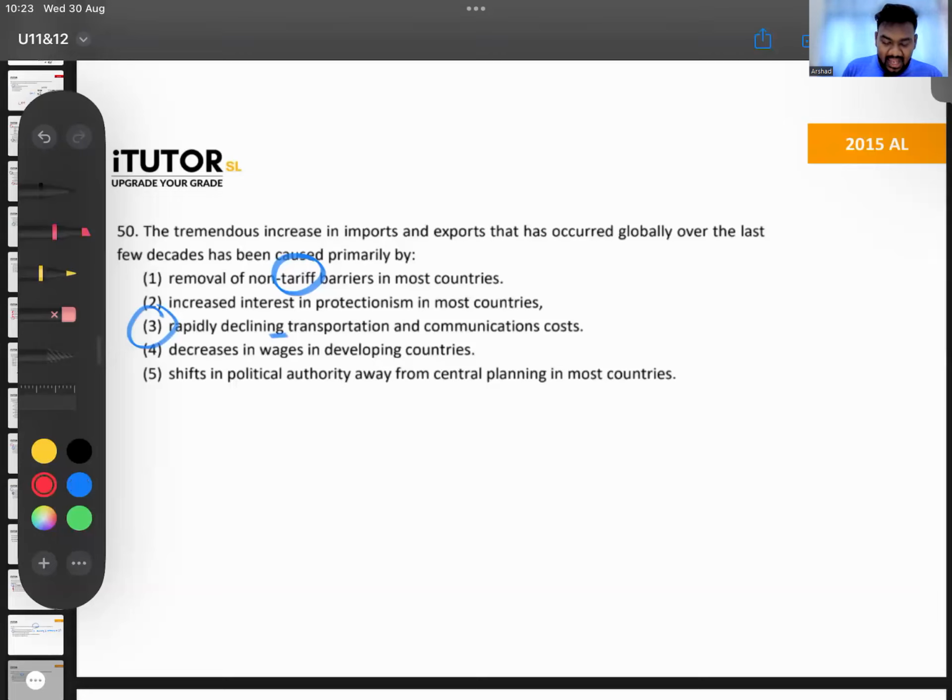Moving from central planning, you can't directly say that's the main reason for the increase in imports and exports. Maybe it would have helped, but they're asking what is primarily the cause. Even number 1 is somewhat correct. If you remove non-tariff barriers, it will help, but they are asking for the primary, main reason for international trade to increase.